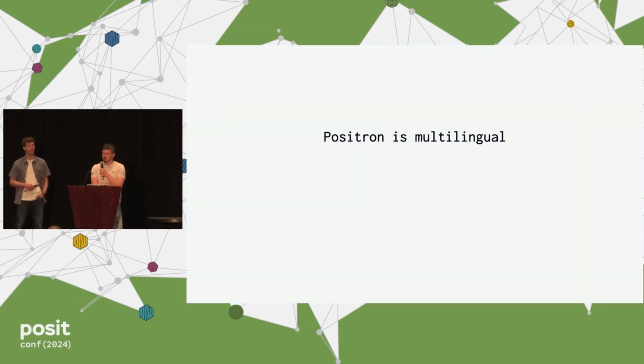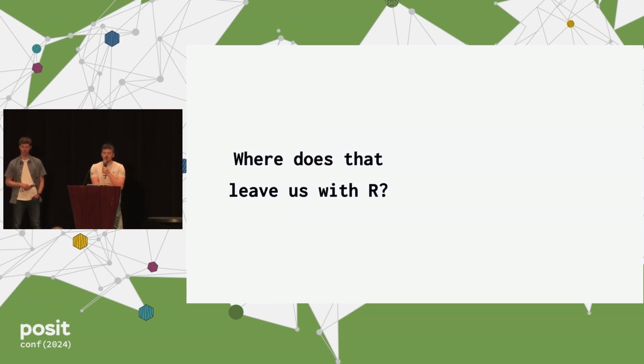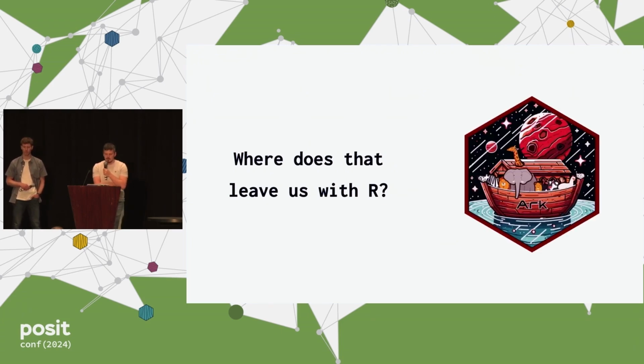So we've seen with Jonathan that Positron is a multilingual IDE. And we've seen with Isabel that we've broadened our scope to include Python. And so the question that we want to answer in this talk is, where does that leave us with R? And the answer is that we wanted to make the R support the most modern it could be, and the result is Ark.